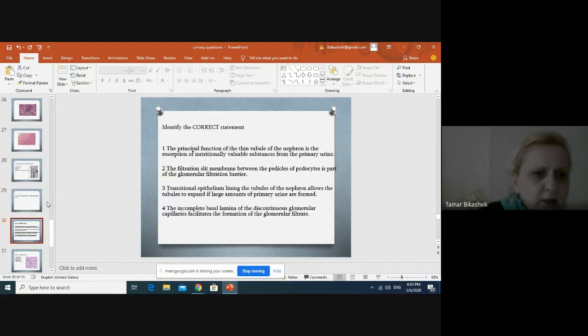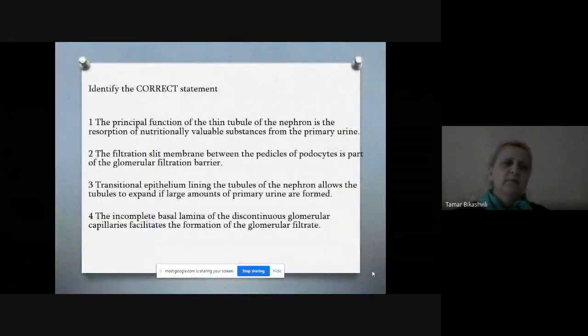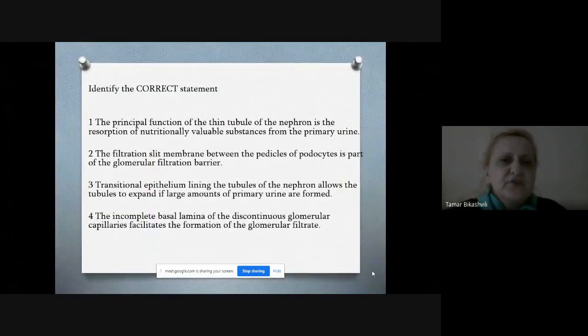Next, identify the correct statement. The principal function of the thin tubule of the nephron is the resorption of nutritionally valuable substances from the primary urine. The filtration slit membrane between the pedicels of podocytes is part of the glomerular filtration barrier.